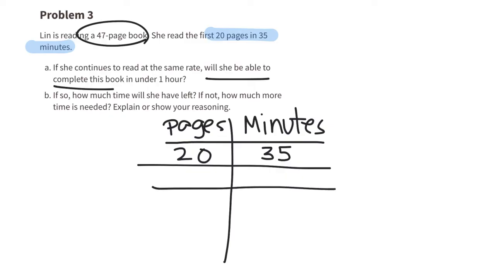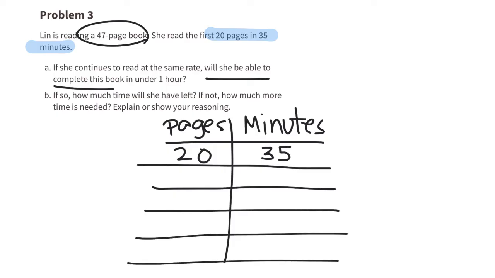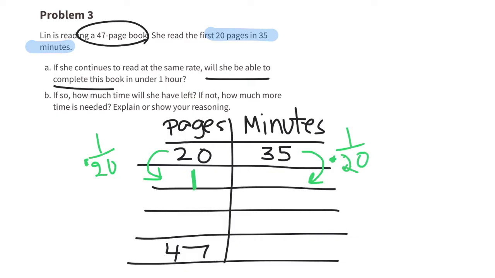So we need to take that 20 and somehow turn it into a 47. Doesn't matter how, but I'll tell you, since 47 is prime, we're going to have to turn this 20 into a 1. So let's do that. So we're going to multiply by 1/20. That gives us 1 page, which means we're going to multiply by 1/20, which gives us 35/20.